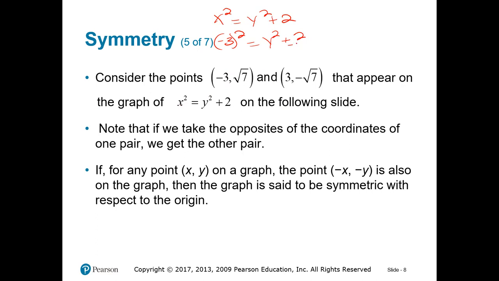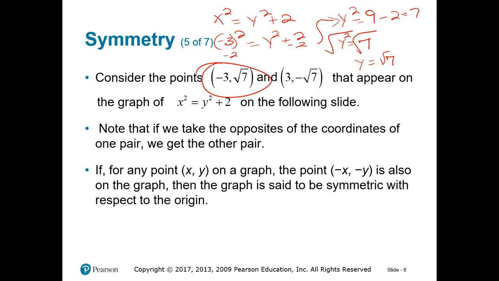I subtract the 2 from both sides, so y squared is equal to -3 squared, which is 9, minus 2, which is 7. To solve for y, we take the square root of both sides, and I get y equals the square root of 7. So that's how they got that ordered pair. Then they plugged in for x equals 3 and came out with the negative square root of 7.